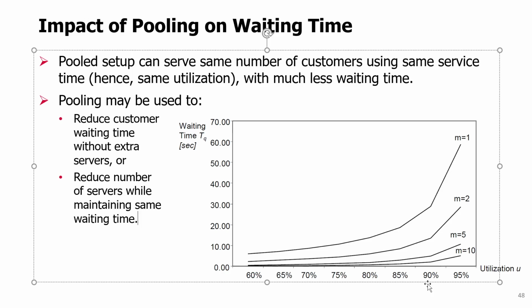If you pool them together, you could of course operate with 10 servers and have shorter waiting time, but perhaps you could operate with 9 or 8 servers and have the same waiting time as you had originally in the independent systems with 5 servers each. So you can actually reduce the number of servers. Generally, this is a kind of economy of scale, and this is, of course, what creates advantage.